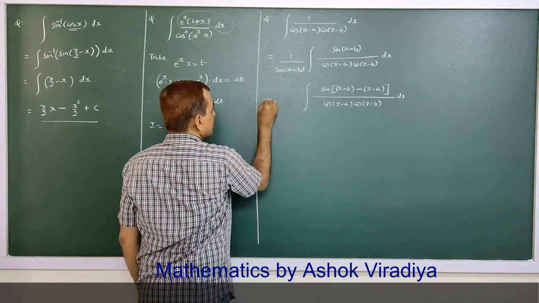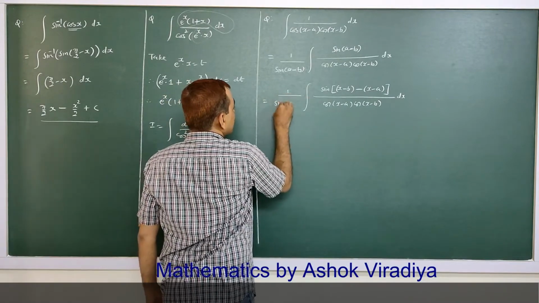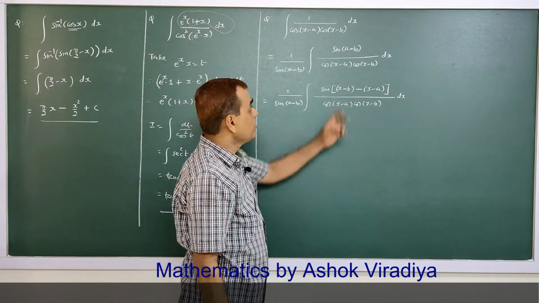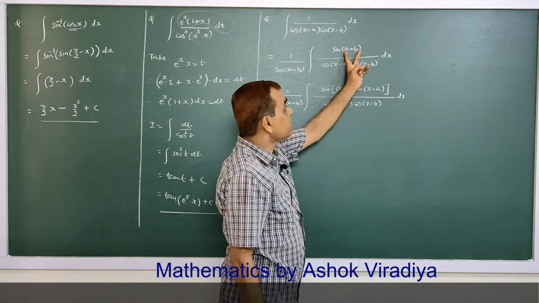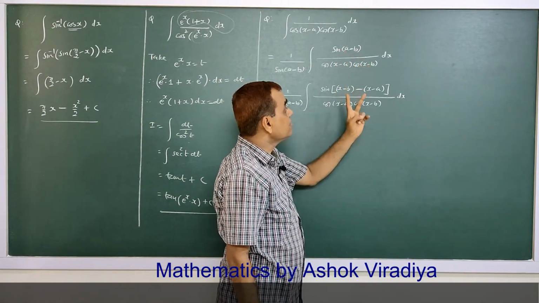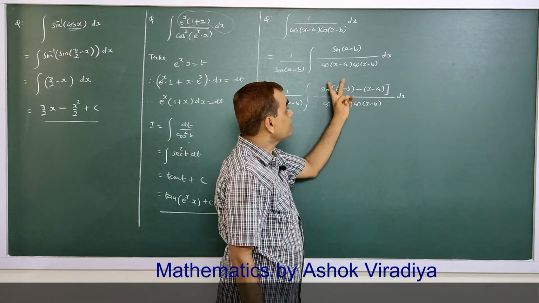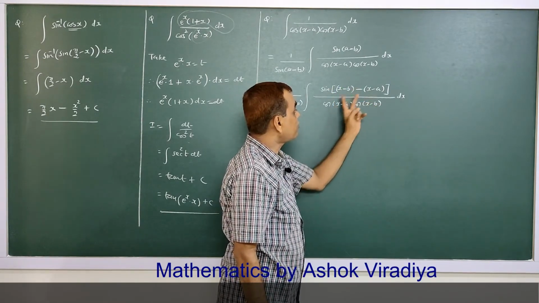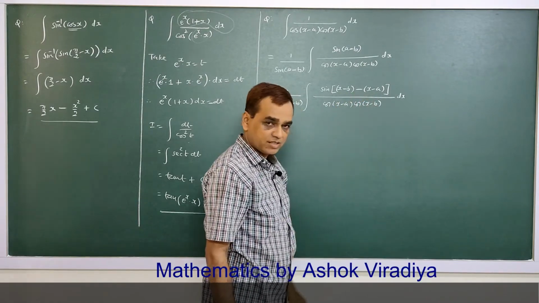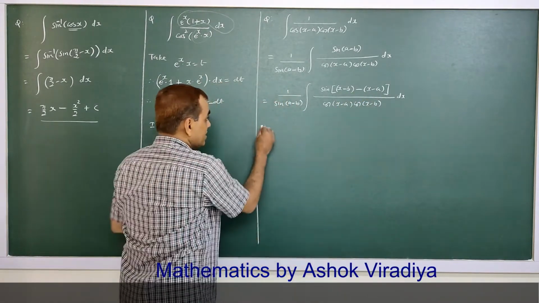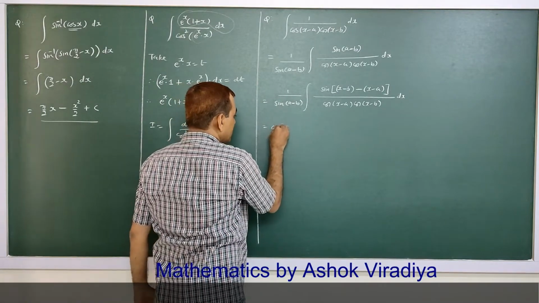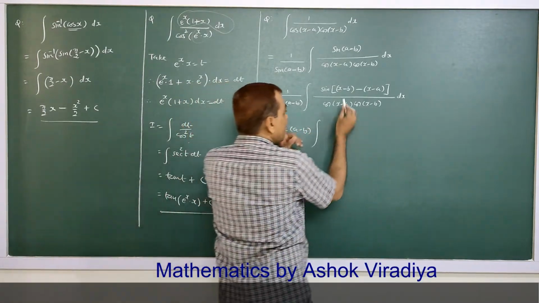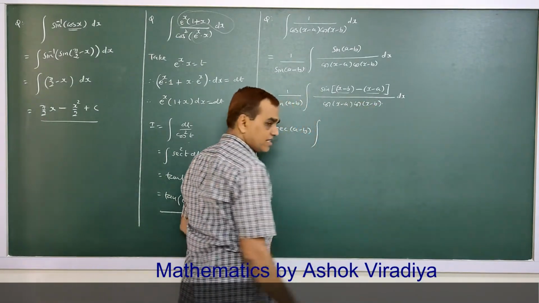that is 1 upon sine of a minus b into, now this a minus b is expressed as the sum or difference of these two numbers. So here it is the difference of these two numbers. So doing this, now this is cosec of a minus b. Now here applying sine of alpha minus beta.